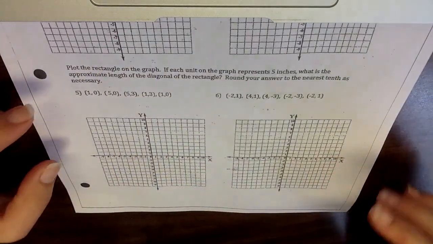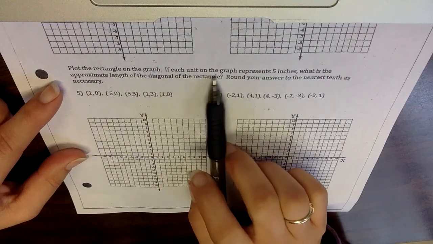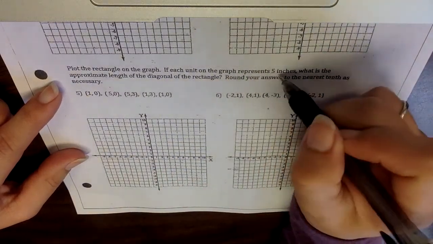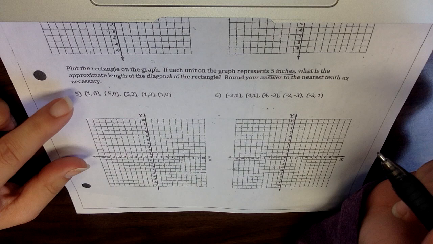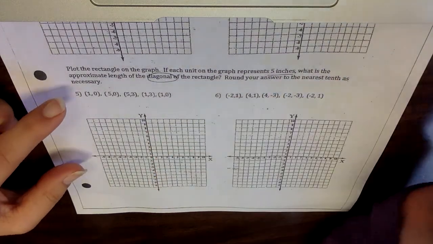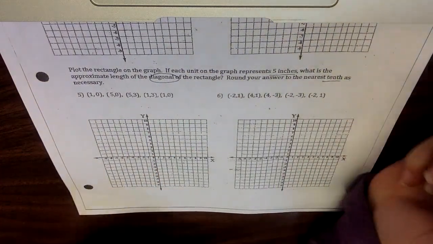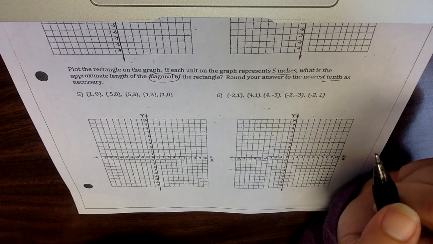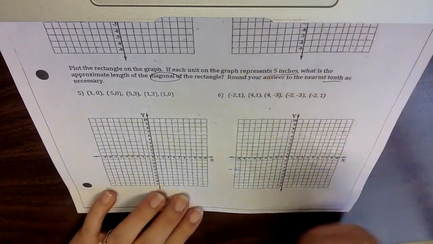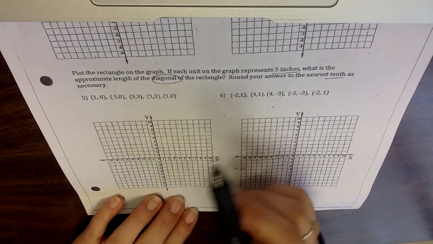Now, down here, plot the rectangle. If each unit represents 5 inches, what is the length of the diagonal of the rectangle? Round your answer to the nearest tenth. That means each unit is 5 inches. First, plot these points and draw your rectangle.